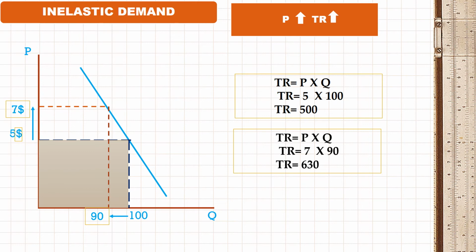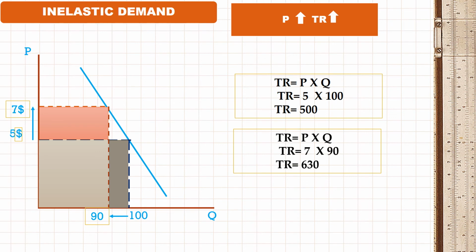So you notice the extra revenue from selling at a higher price is greater than the lost revenue from selling fewer units. The additional revenue is this pinkish box and the lost revenue is this rectangular gray box, or you can say the difference from 100 to 90.